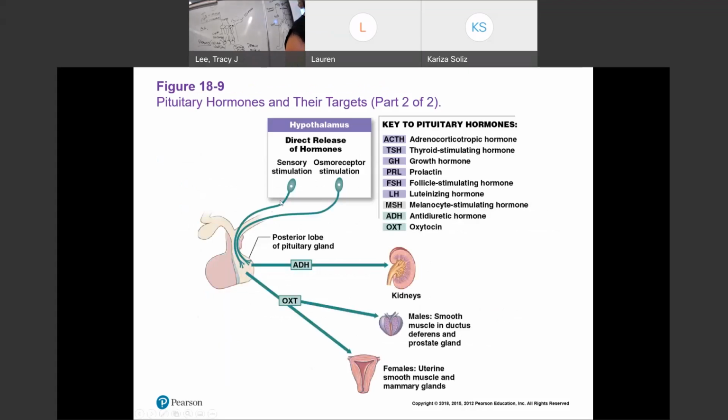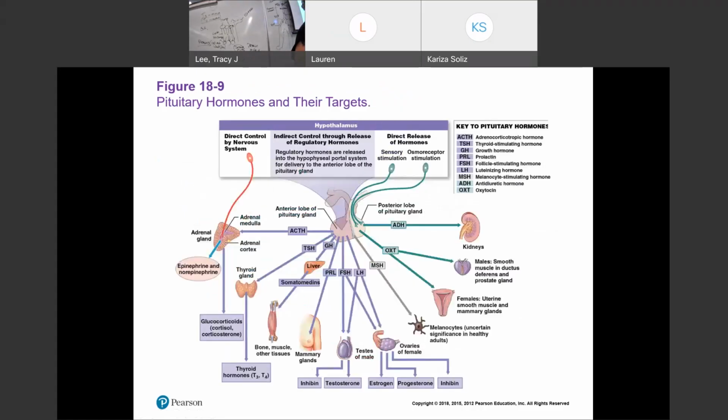And you can see we have a direct release hormone coming from the hypothalamus to the posterior pituitary gland on those guys. Again, we have talked about all of these, but you may just review these little charts to see the flow from our releasing hormone to the pituitary gland, to the gland it's talking to, and what happens.